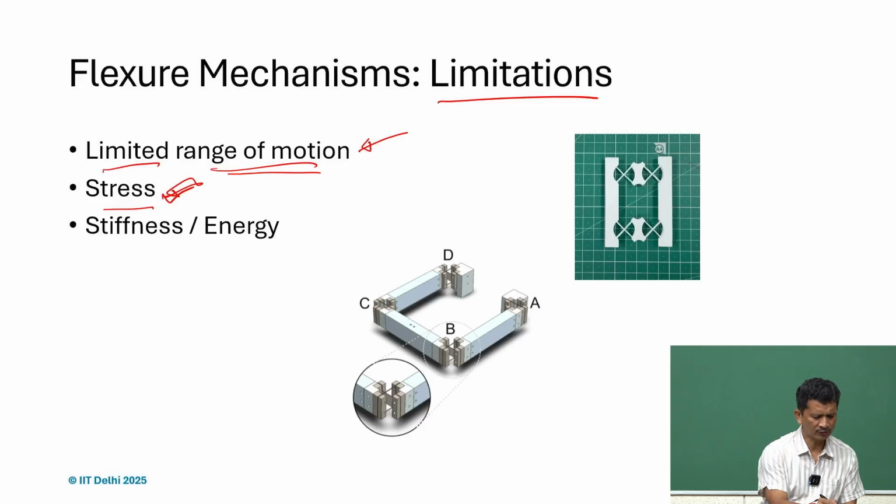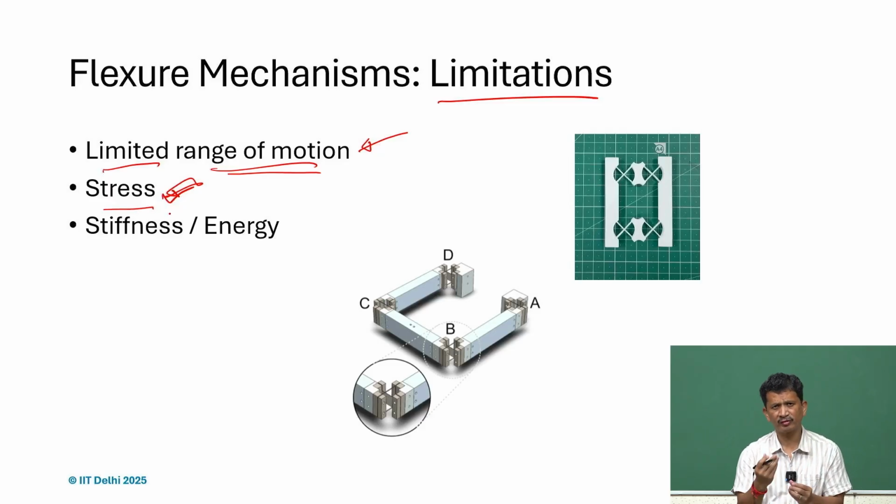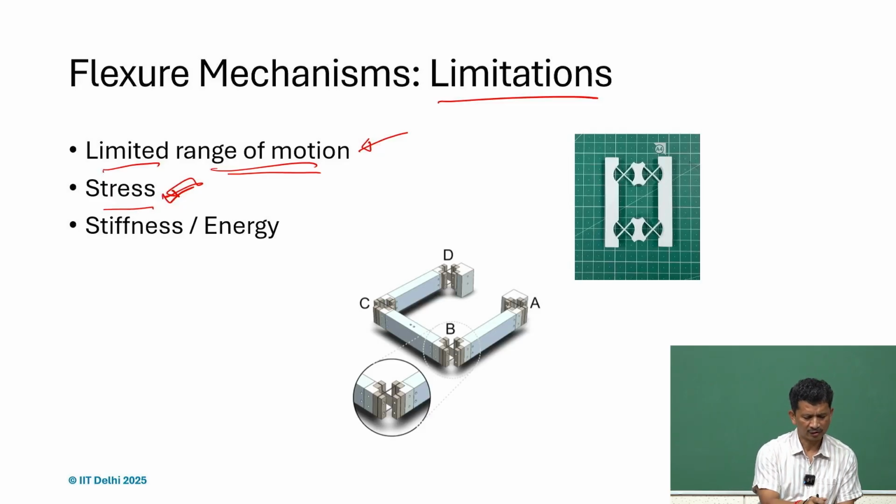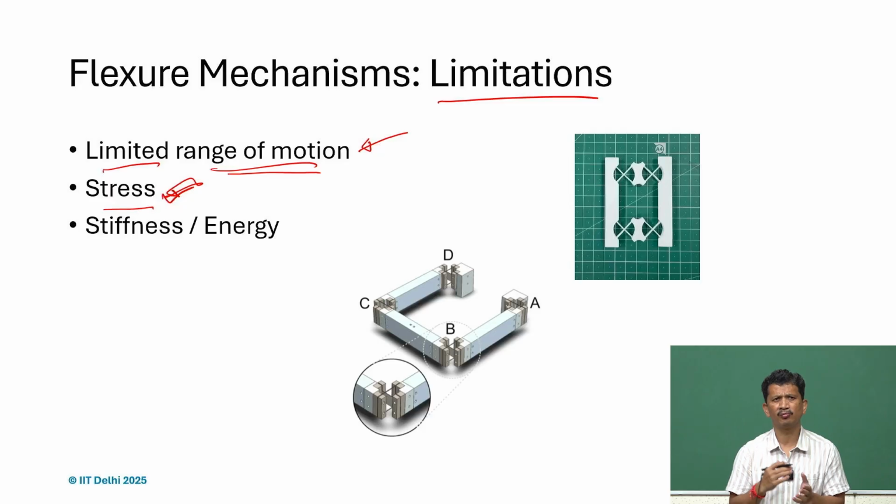But of course, there will be stress buildup, and we have to be aware of that, and that's why the range of motion is also limited. At the same time, there is stiffness in the bearing direction, in the constraint direction. We have to be aware of that too. And if there is a load in that direction, then we may have to check the stiffnesses if it is going away from the neutral position.